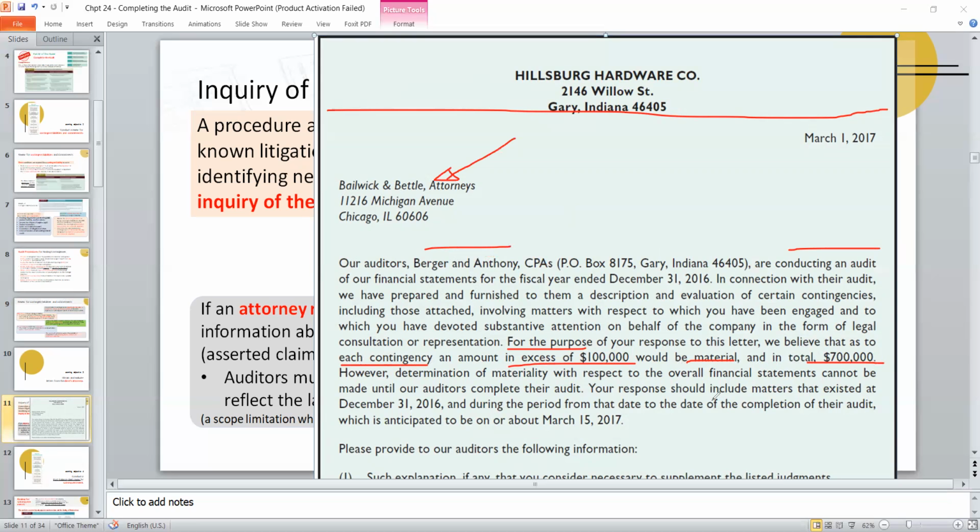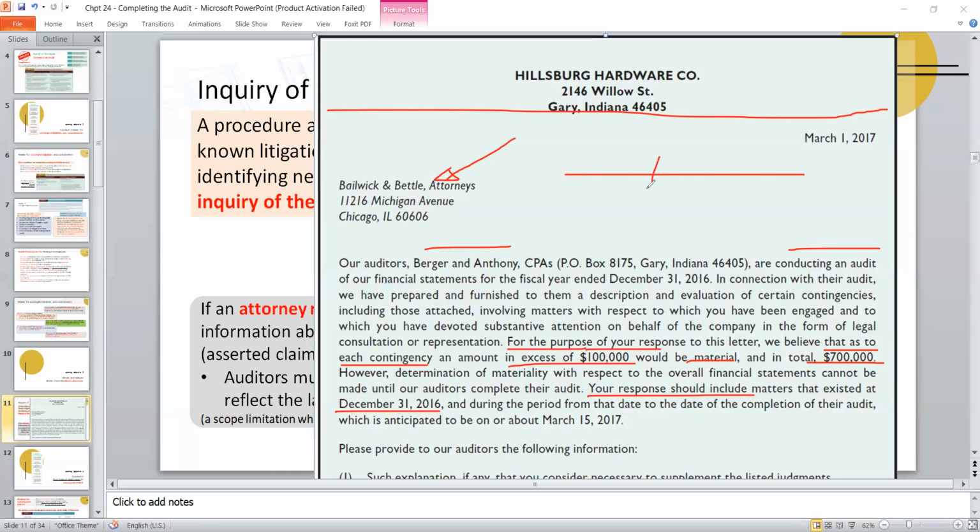So the auditor wants the attorney to provide information on litigation issues in excess of the materiality level, $100,000 for each contingency, and in total $700,000. And as you can see, your response should include matters that exist at 31 December.